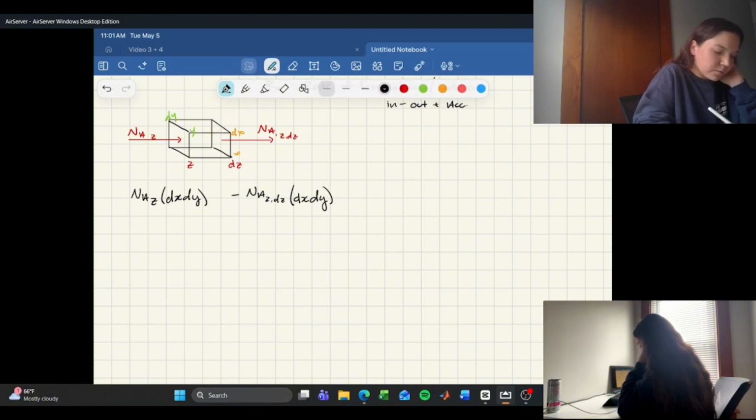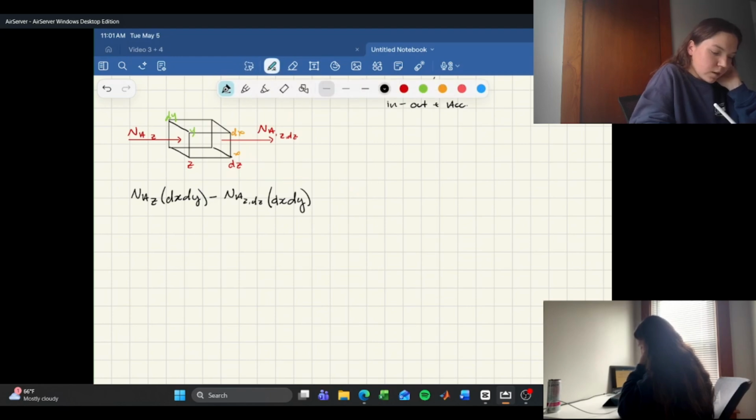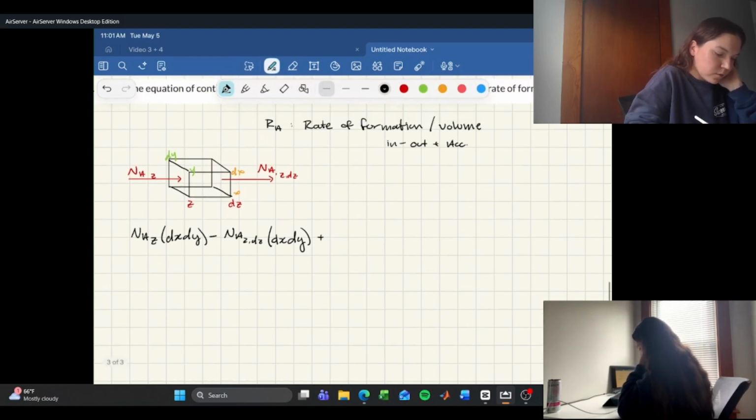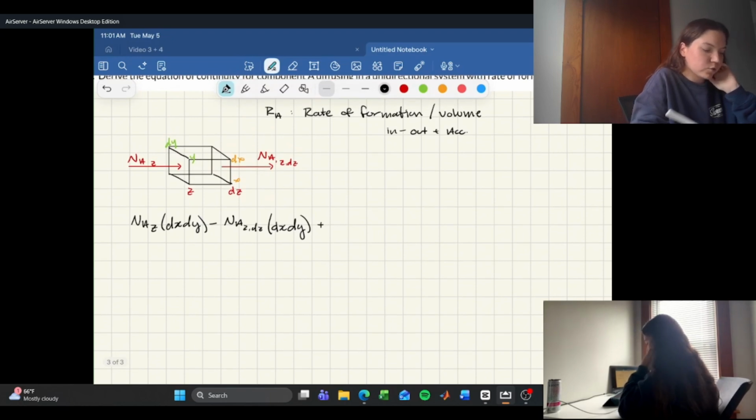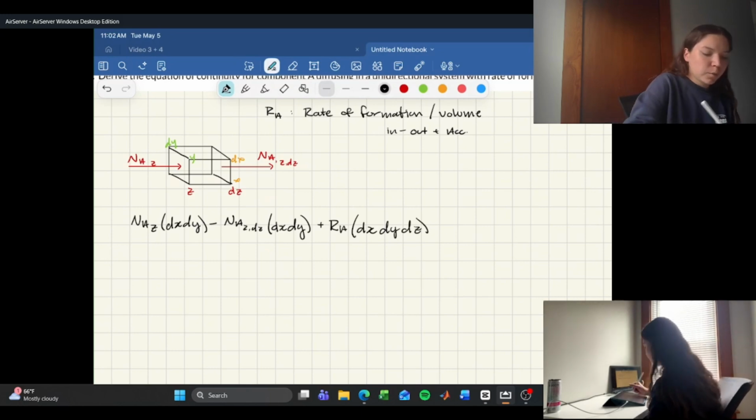And then minus out, and then plus the accumulation, which in this case is going to be the rate of formation. This is R_A, and we said that was per volume, so it's going to be dx dy dz. And this is going to be equal to the driving force.